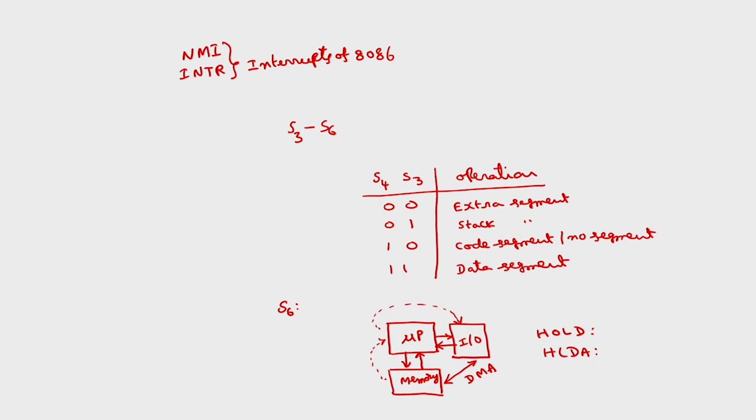So, during this, signal S6 will be normally low, means logic 0, whenever the microprocessor 8086 uses the buses.